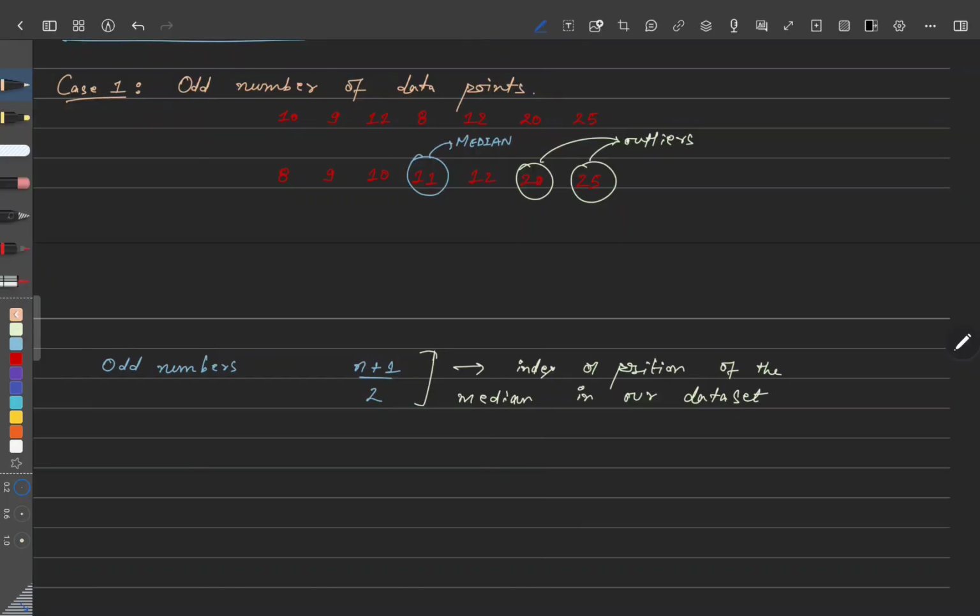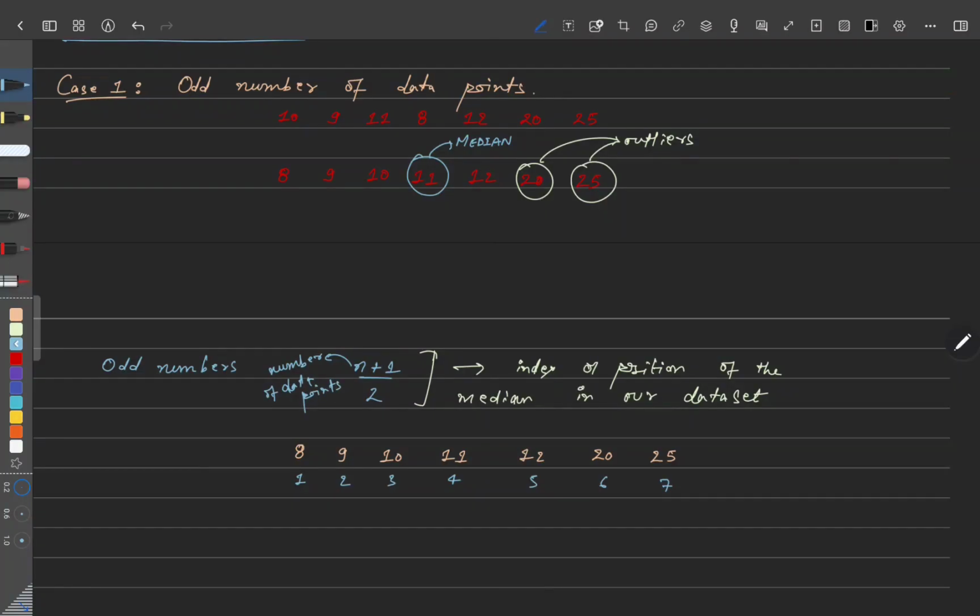Let's try this on our data set. 8, 9, 10, 11, 12, 20, 25, and let's put the positions 1, 2, 3, 4, 5, 6, 7. So n is nothing but the number of data points.